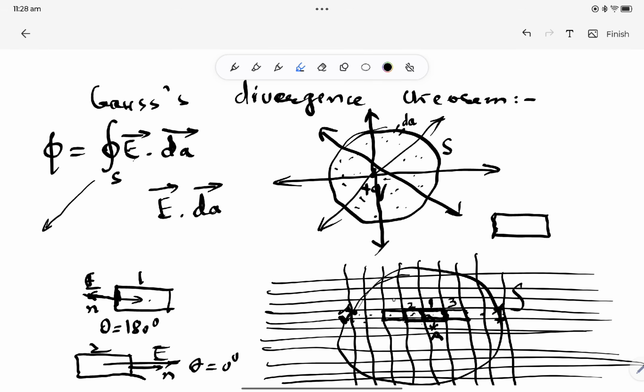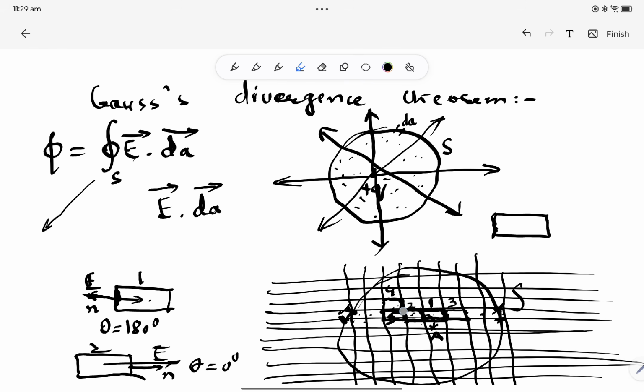Similarly, when you add up these fluxes, now consider cube number 4. These two have a common phase, that is this. When counted with 4, it will give you positive flux. When counted with 5, it will give you negative flux.